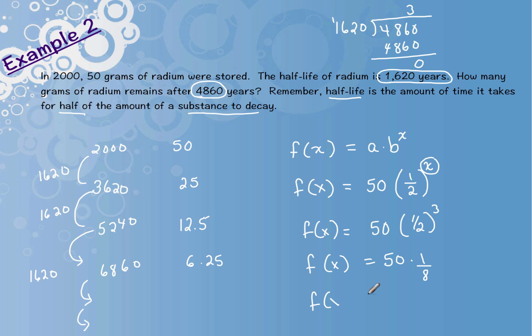And when I take 50 and multiply it by 1/8, I get 6.25. That's what we got over here. So in the year 2000, we'd have to wait to the year 6,860, but we'd still have 6.25 grams left.